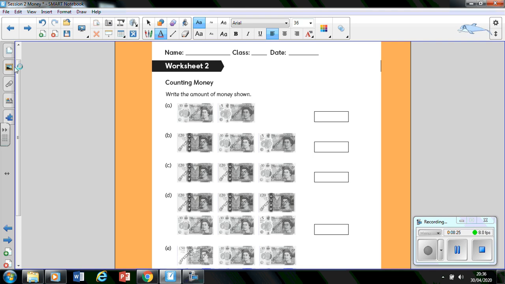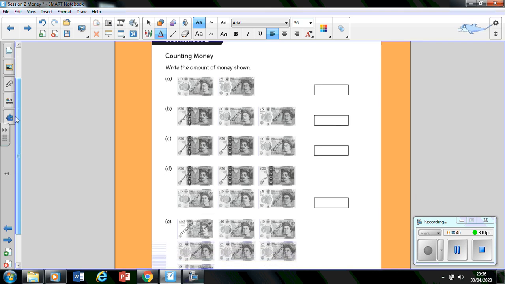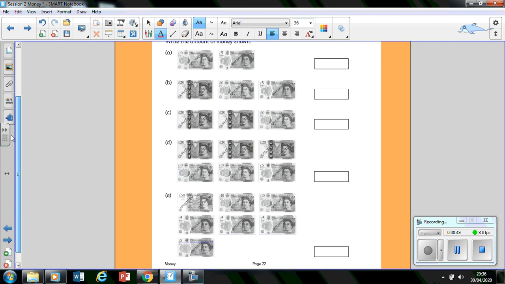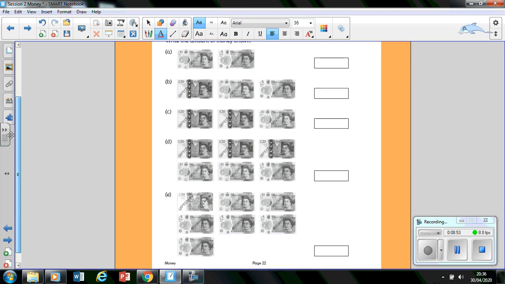You are going to group the ones with the largest value together and then add on the ones which are grouped with the smallest value, and you're going to write what the value of that amount of money is. Okay, so have a go. Remember, if you find it tricky, ask your learning partner to read the question to you. But you've already worked with me, so you should be able to do the rest of the questions independently.